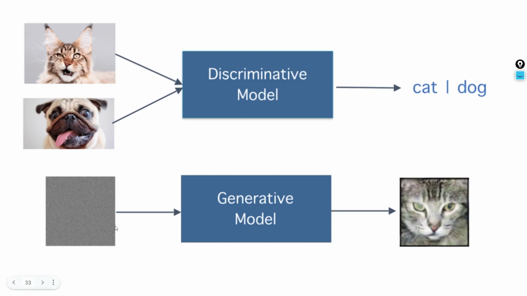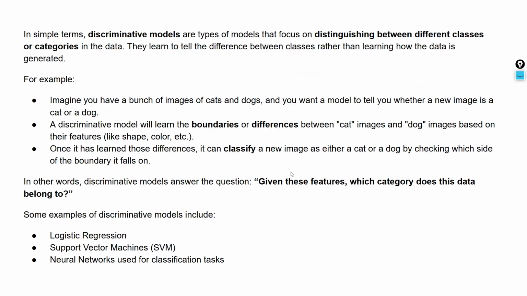We have some data that has been trained on, and I ask the model to generate similar content, like a cat image or a dog image. Then the generative model will generate that particular image. So this is what the definitions are.